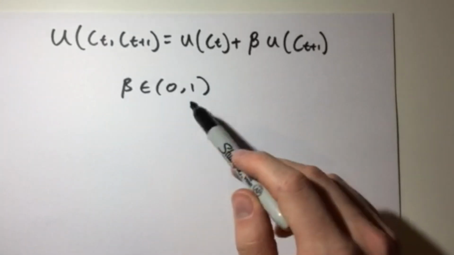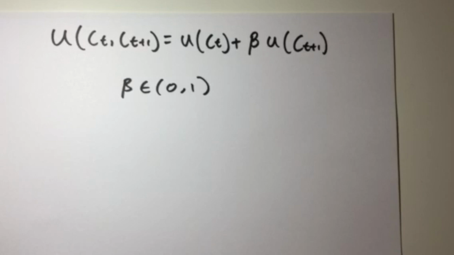So as beta increases, it means our consumer is more patient. Whereas if beta is closer to 0, our consumer is more impatient, meaning he's less willing to wait to consume, and as a result, it is discounted by a lot more. So utility of consumption in the future is going to be less when we discount it.